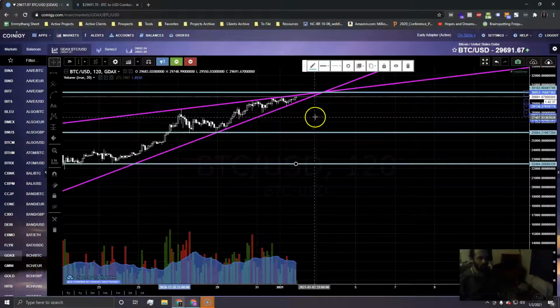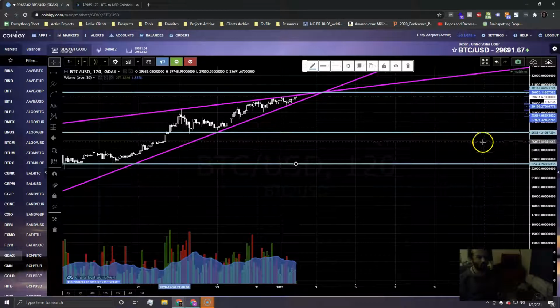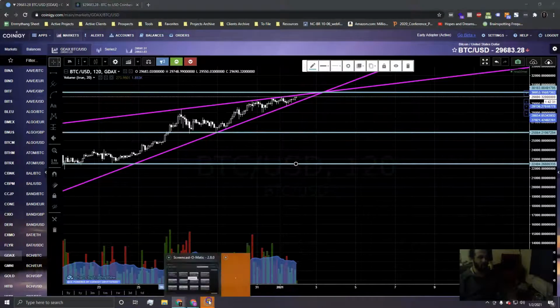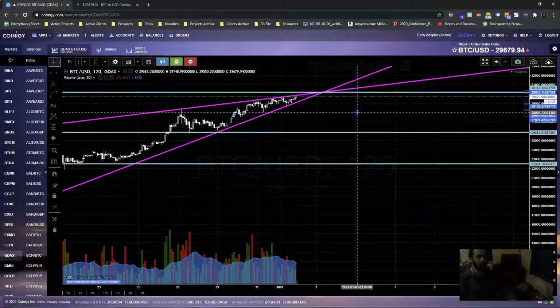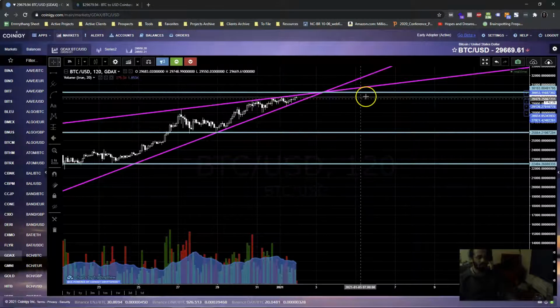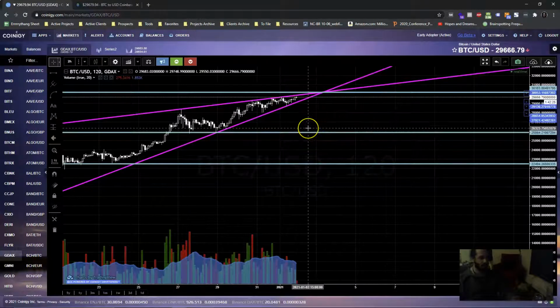Either one of those directions, I will get an alert to my phone. I'll get a pop in my notifications on this computer. But I can easily change these alerts, which I'm probably going to do as soon as the video is over.